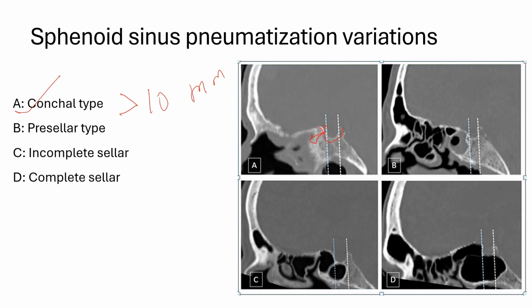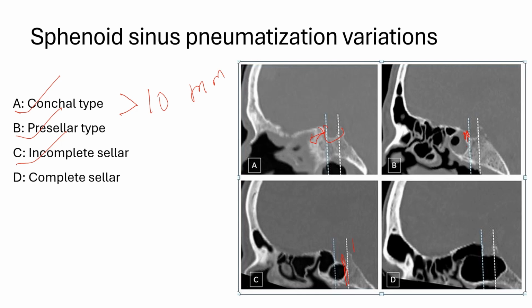Presellar type, that is it reaches to the margin of the sella turcica, that is the anterior wall of sella turcica. So this is the presellar type. Incomplete sellar type is going beyond the sella anterior wall but not reaching to the posterior wall. So this is the incomplete sellar type.